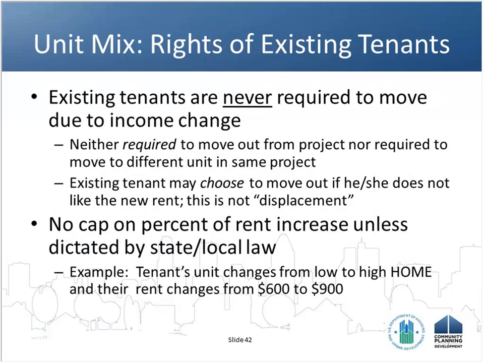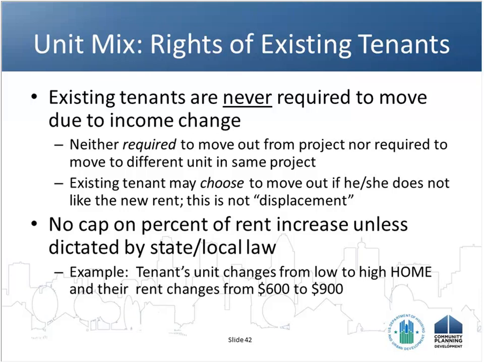So as I mentioned before, we are never going to require a tenant to move out of that project when their income raises. So it's great that they are seeing an increase in their income. We don't necessarily hope that people will stay low income, but we're going to make some adjustments then, depending on the unit designation, on the rent that's going to be charged to that tenant over time based on their increase in income.